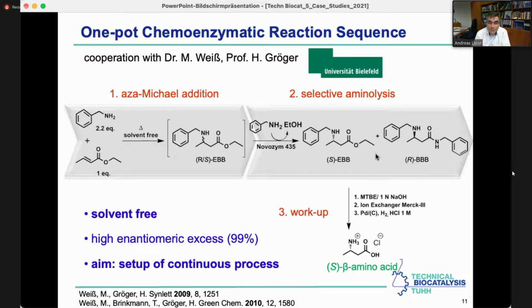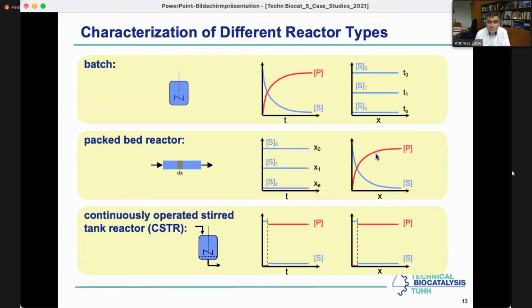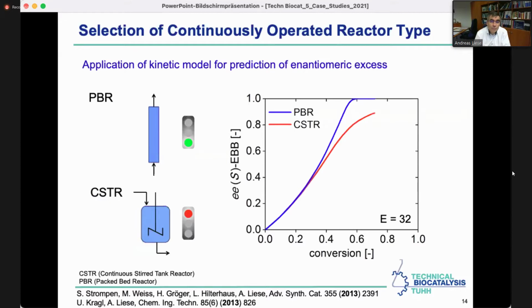Well, the right answer is the plug flow reactor, the packed bed reactor. The red curve is that of the CSTR, where we get a very bad point of inactivity in terms of conversion.